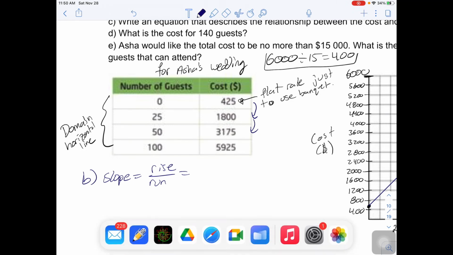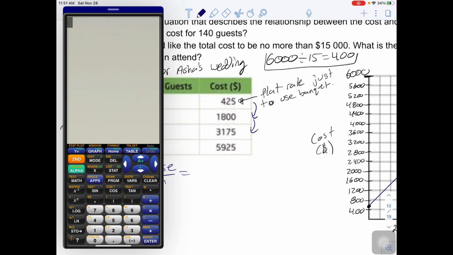So I'm going to do 1800 minus 425, and that gives me plus 1,375. And I'm going to make sure that I can add 1,375 to get to the next number. So 1,800 plus 1,375, and that does give me this next number.